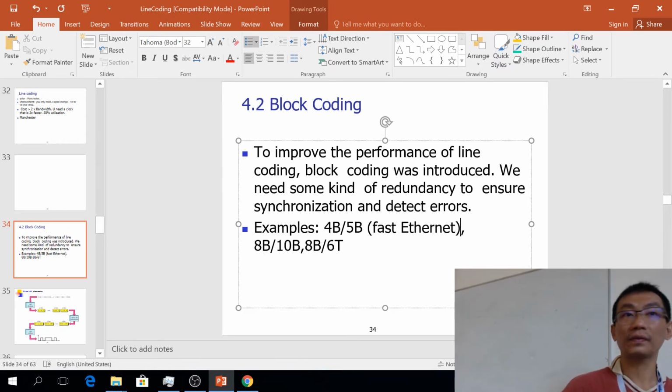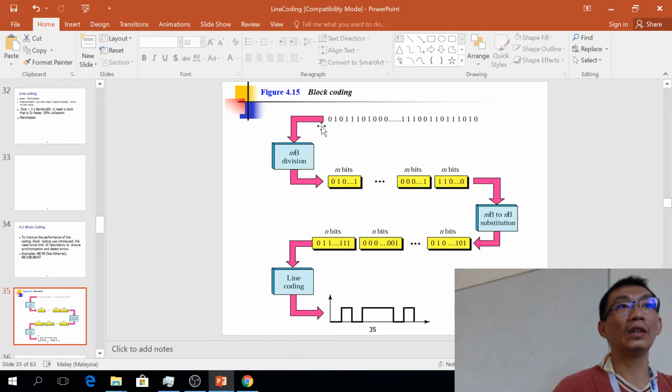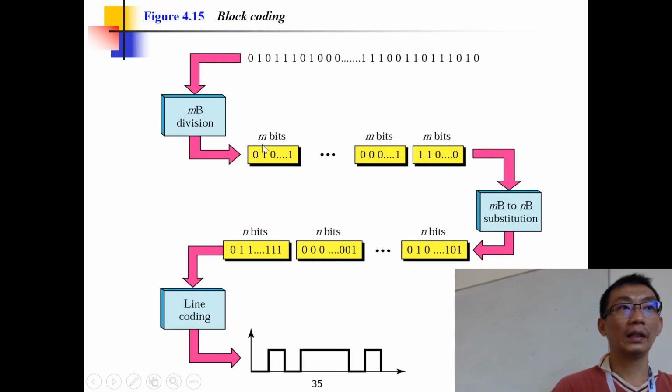Alright? Okay? So what happens is that you have your data, this data you're going to split it into 4 bits. All your data you're going to split into 4 bits. Then from 4 bits you're going to change it to 5 bits.